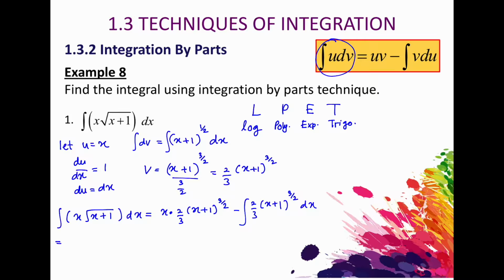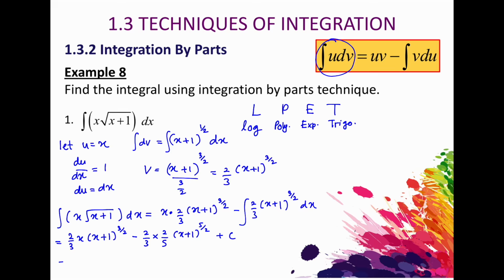And then integrate that, so uv does not change, we just need to rearrange. 2/3 x times (x+1) to the power of 3/2, and then minus the integration of v du, which is 2/3 times 2/5 (x+1) to the power of 5/2 plus c.